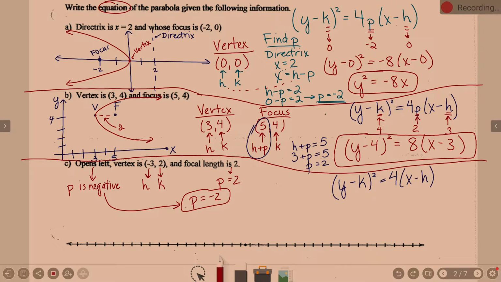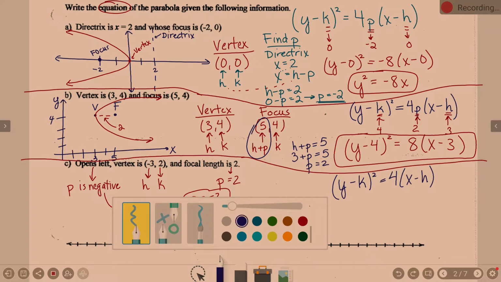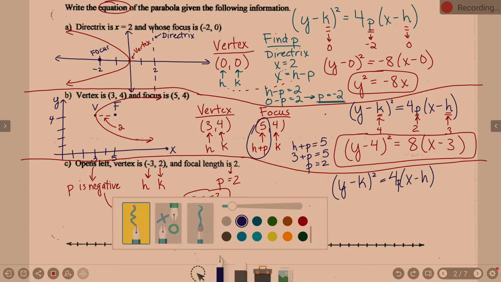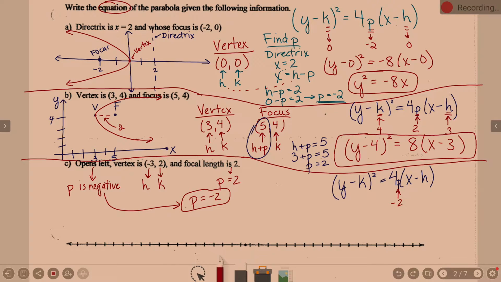Okay, can you write your equation? Huh. Did you guys catch my mistake when I wrote my basic equation earlier? I wrote 4 instead of 4p. That should say 4p right there. I don't know what I said out loud, but okay, so we know P is negative 2.